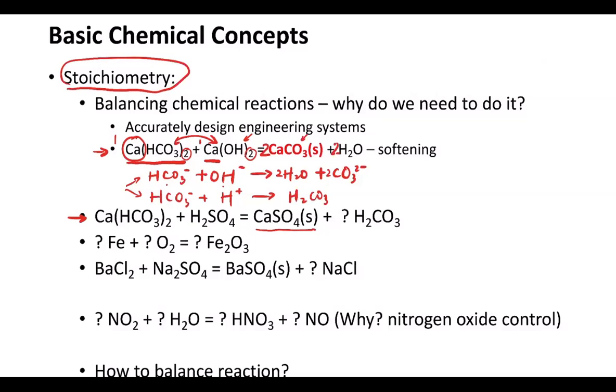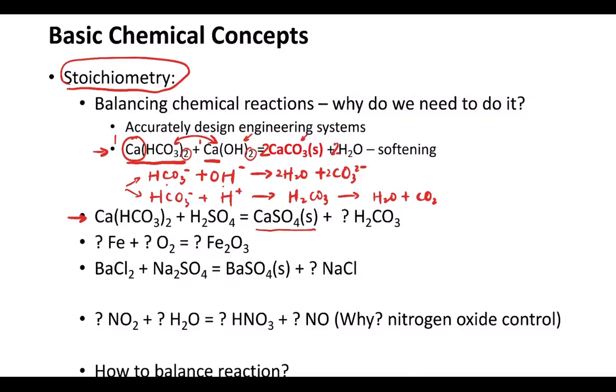And further, the carbonic acid can get dissociated into water and carbon dioxide, if the water is becoming more and more acidic. So basically, from this ionic reaction, we know that the bicarbonate ion is going to react with the hydrogen ions, or the protons, at a 1-to-1 ratio, right?